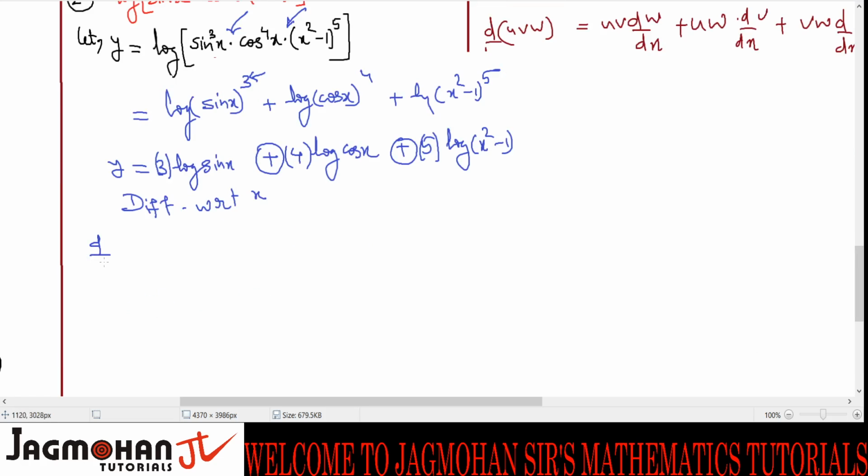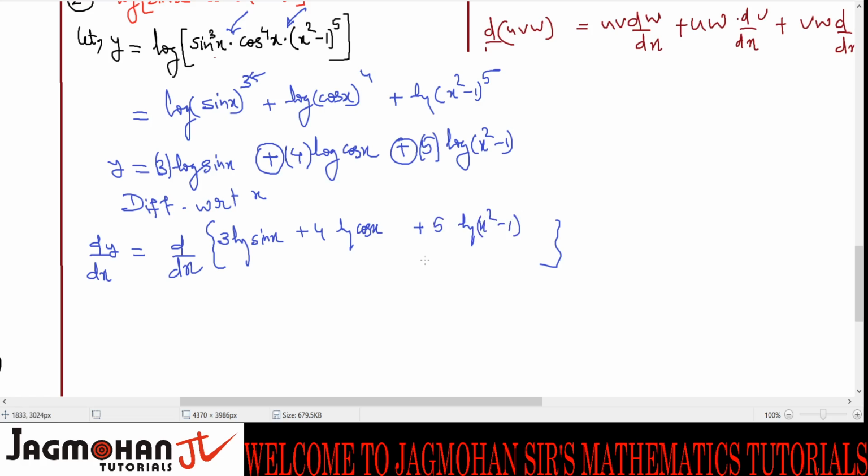So I will get d by dx of y equals d by dx of this whole thing, which is 3 log of sine x plus 4 log of cos x plus 5 log of x square minus 1.